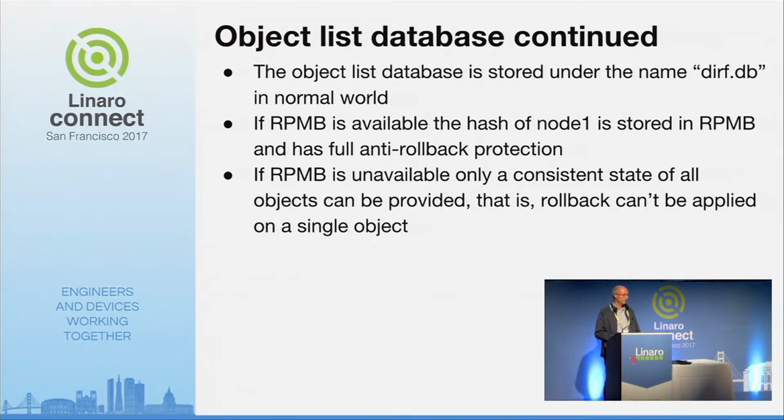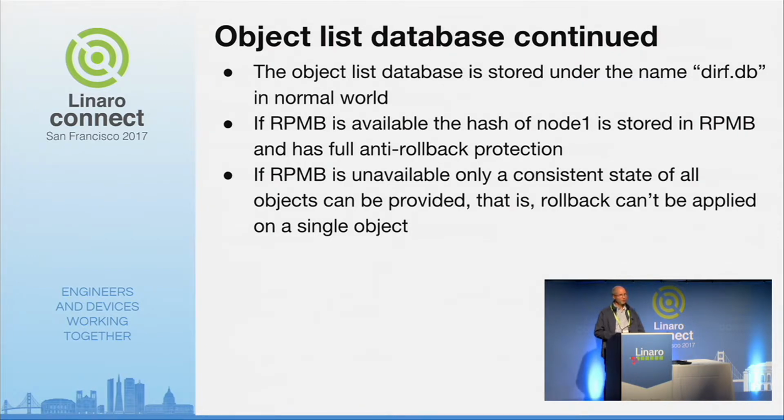If RPMB isn't available, we will still at least have a consistent state, so you can't roll back a single file or remove a file or anything like that. So we have at least a consistent history. But you could replace it with a whole set of old files and then it would look okay?